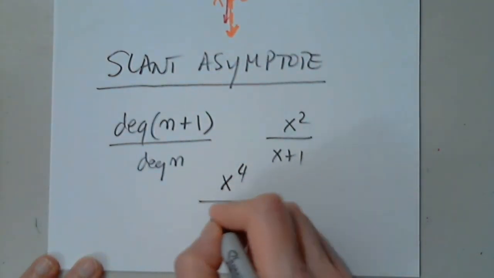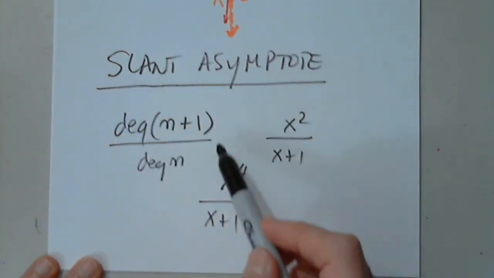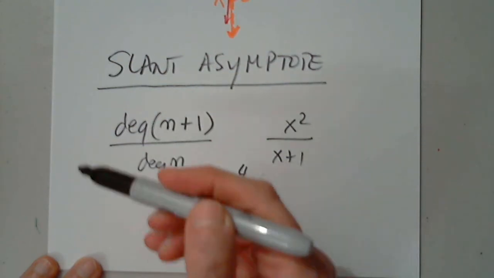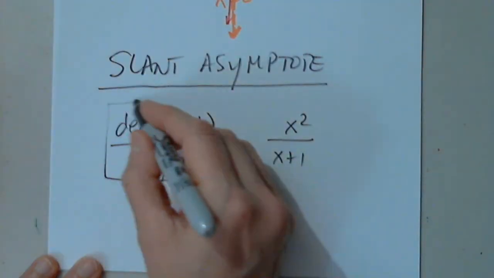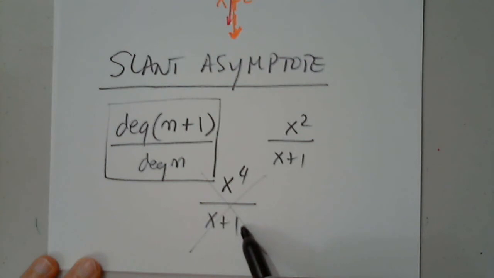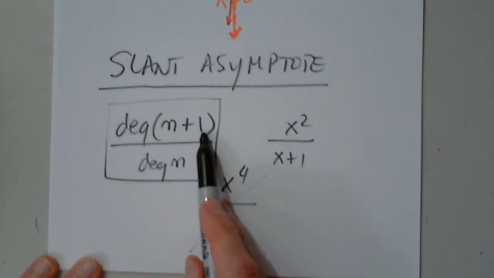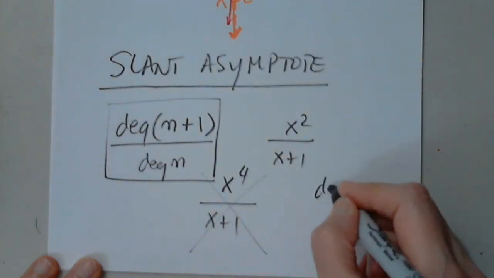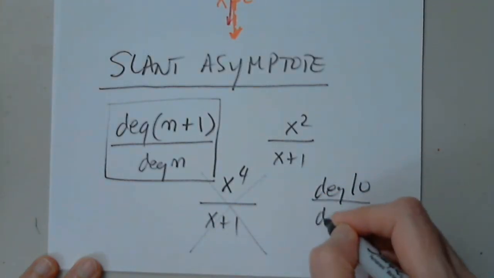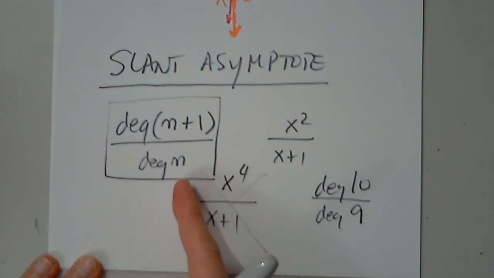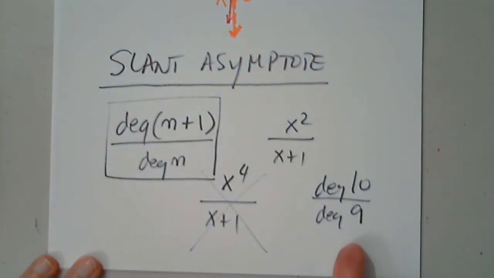X to the 4th over x plus 1 does not have a slant asymptote. It does not fit this model. The degree here is 1, and the degree at the top is not 1 plus 1. Degree 10 and degree 9. This fits the slant asymptote.